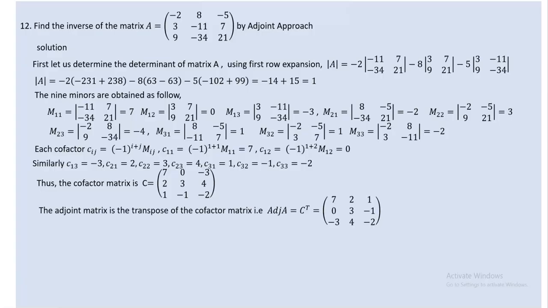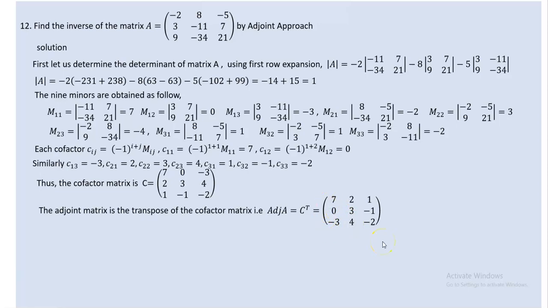So the adjoint matrix is the transpose of the cofactor matrix. That is, adjoint of A is the transpose of C, the cofactor matrix. So look, what has been written as the first row is written as the first column, as you see. The second row, 2, 3, 4, has been written as the second column. And again, the third row has been written as the third column. So this is a transpose.